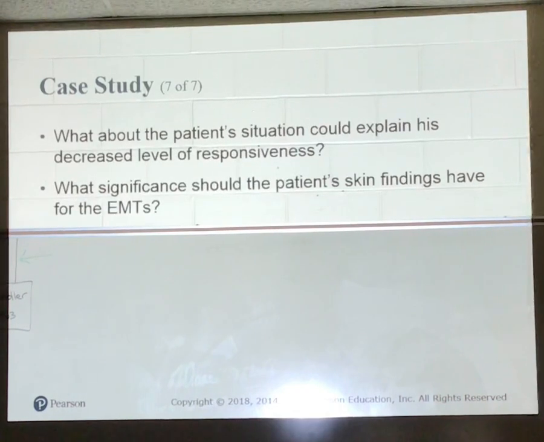What about the patient's situation could explain his decreased level of consciousness that we talked about earlier? Okay. What else? Why is he not getting enough oxygen? Okay, loss of blood. That's a good one.